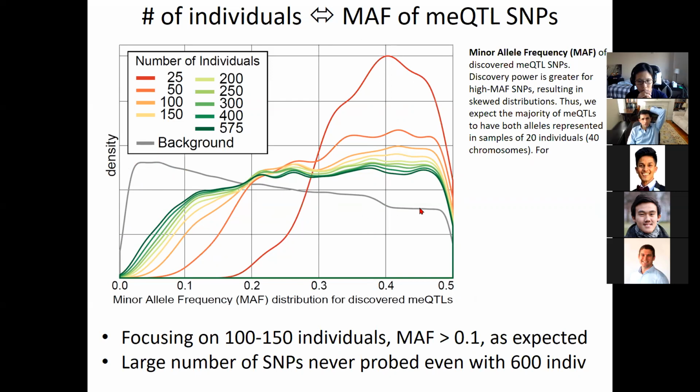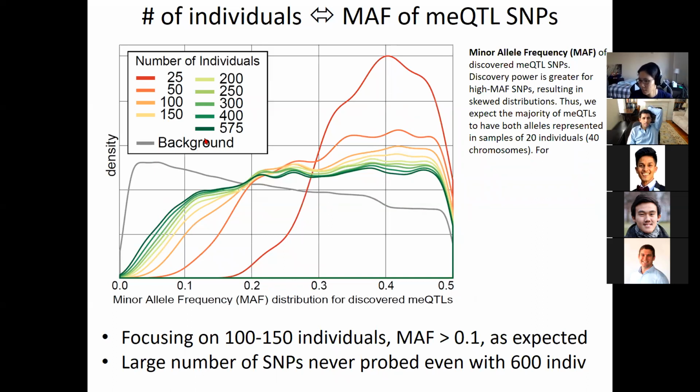Basically, the further down you look in the allele frequency spectrum, the more variants you find. Basically, we carry an enormous number of very rare variants and a small number of common variants. So that's the gray bar, that's the background.